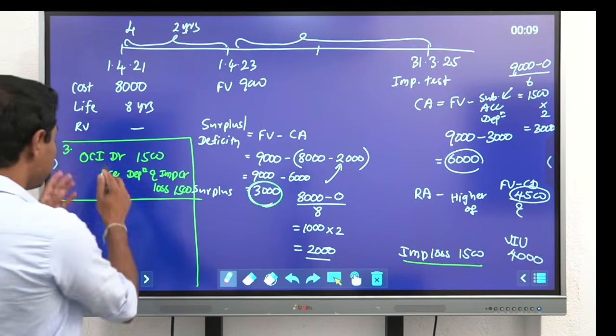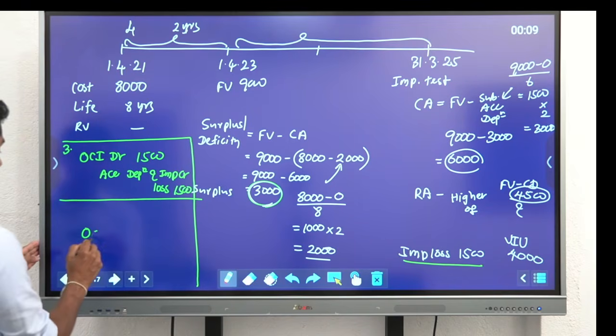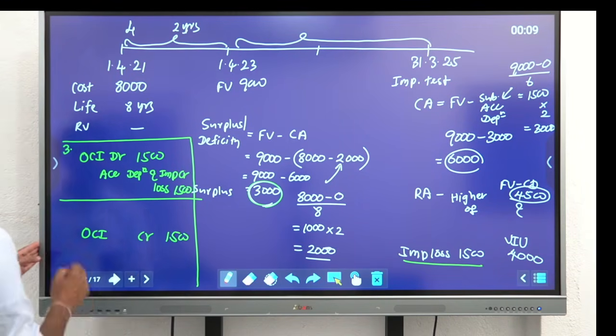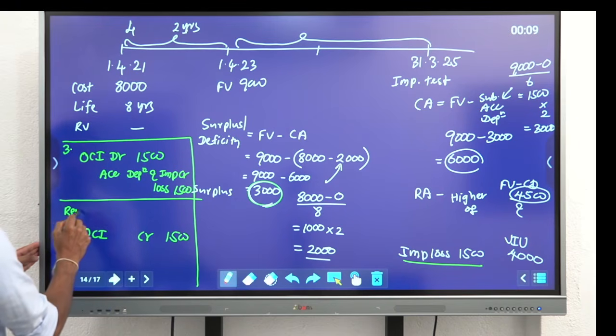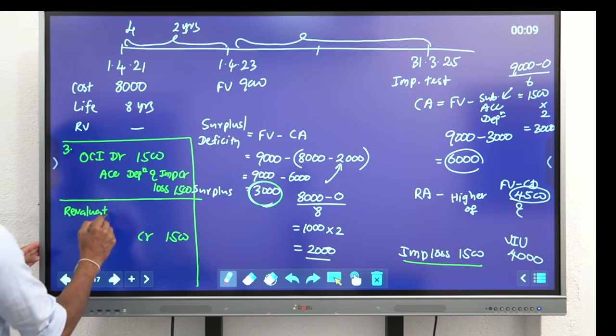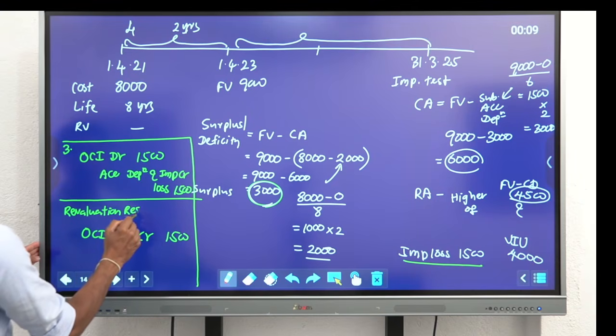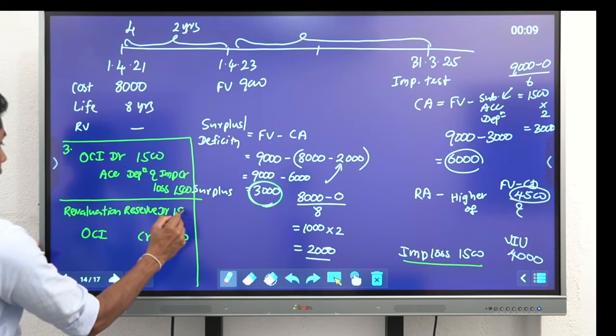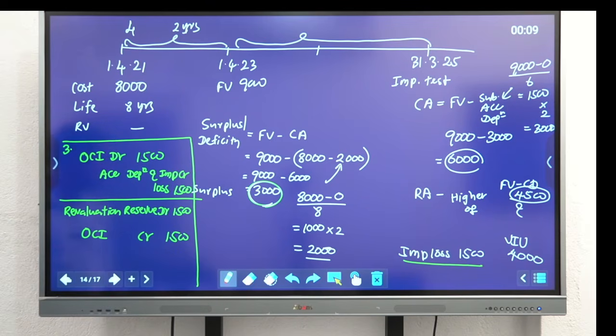Then the transfer entry: OCI credit 1,500, revaluation reserve debit 1,500, correct?